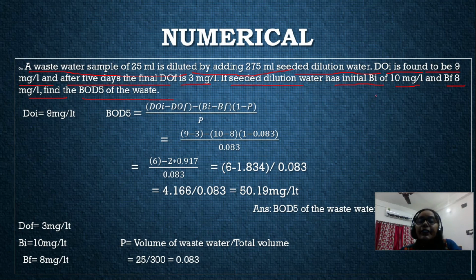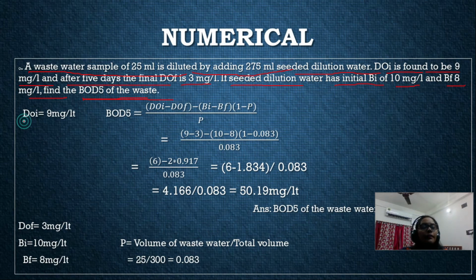Understand? Here also, for the wastewater sample we have the initial DO and final DO, and the seeded dilution water also has the initial and final amount of DO. So you have to find out the BOD 5.